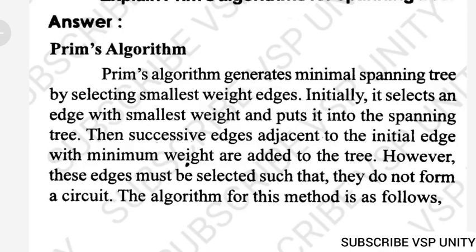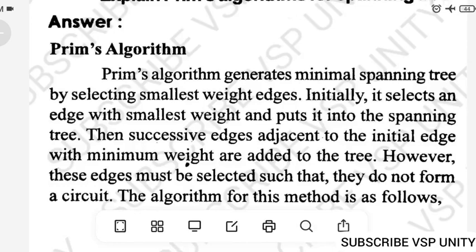Okay, see, technically, Prim's algorithm generates a minimal spanning tree by selecting the minimal, that is, the smallest weight edge in your graph.